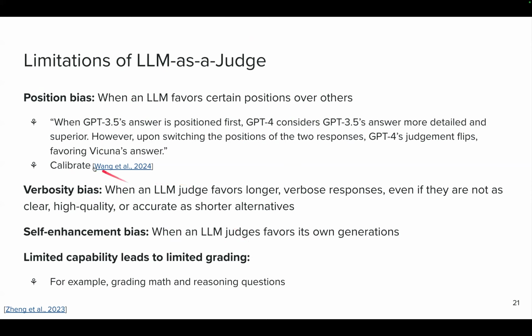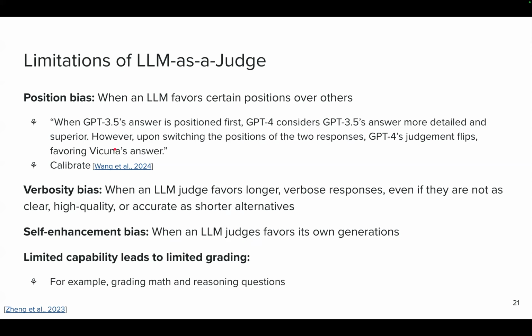For example, in this paper by Wang et al. in ACL this year, they introduced a calibration method which prevents LLMs from picking generations solely based on whether they are presented first or second. So you will see these additional new tricks included so that some of these biases are accounted for in the evaluation. However, it's still new, so you can't just use LLM as a judge and say this is a perfect method.